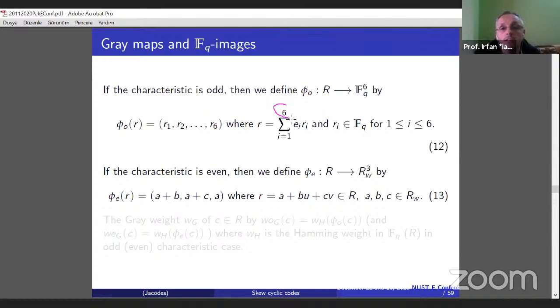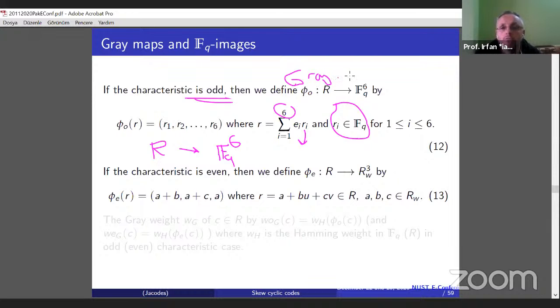In our case, we had 6 components, if we can recall, and we take a representative of each. Each R_i has coefficients in FQ. So basically, if you have the ring R, you bring it down to the field case with the 6 copies, and you have this Gray map. We call it the Gray map.